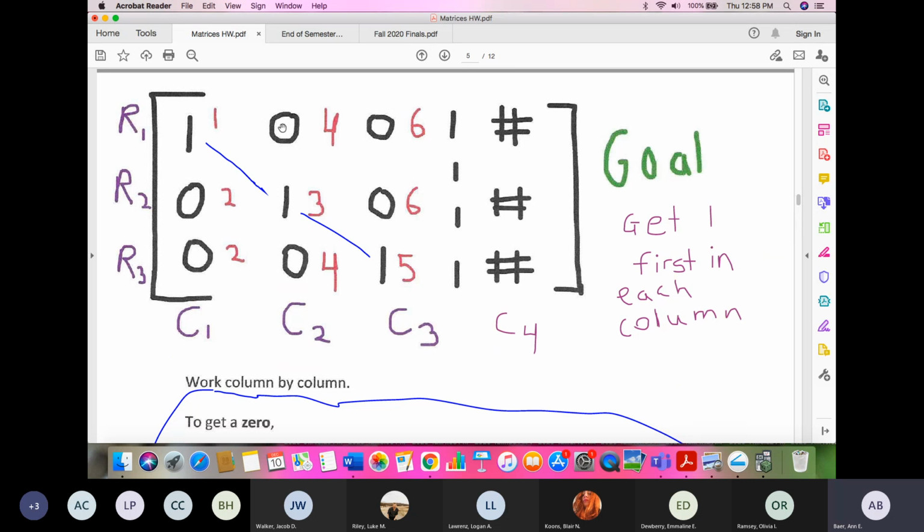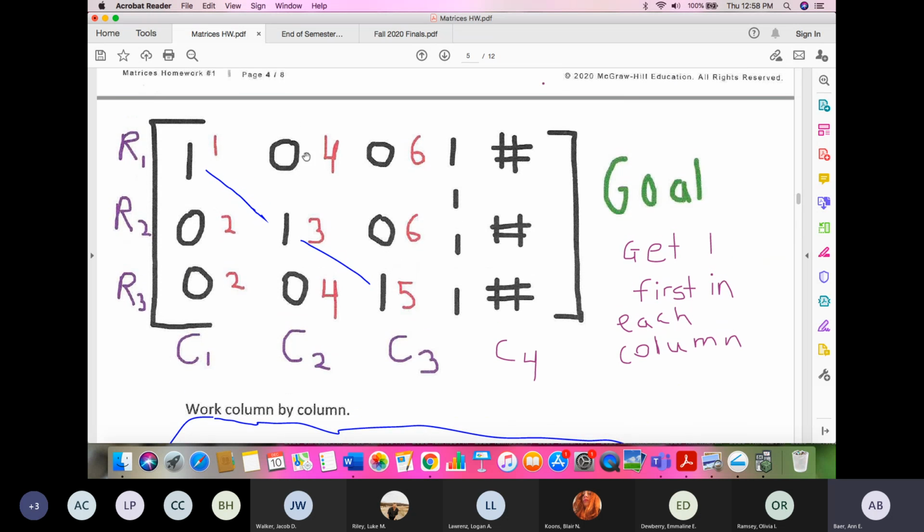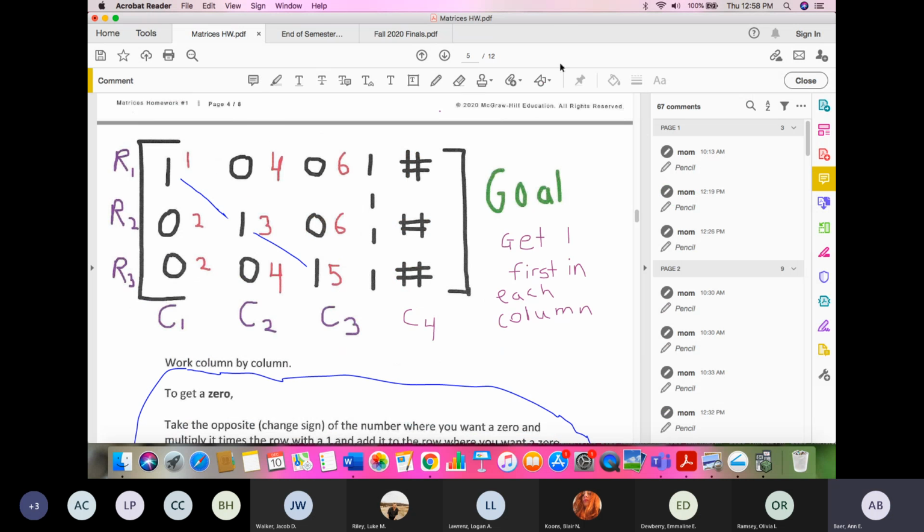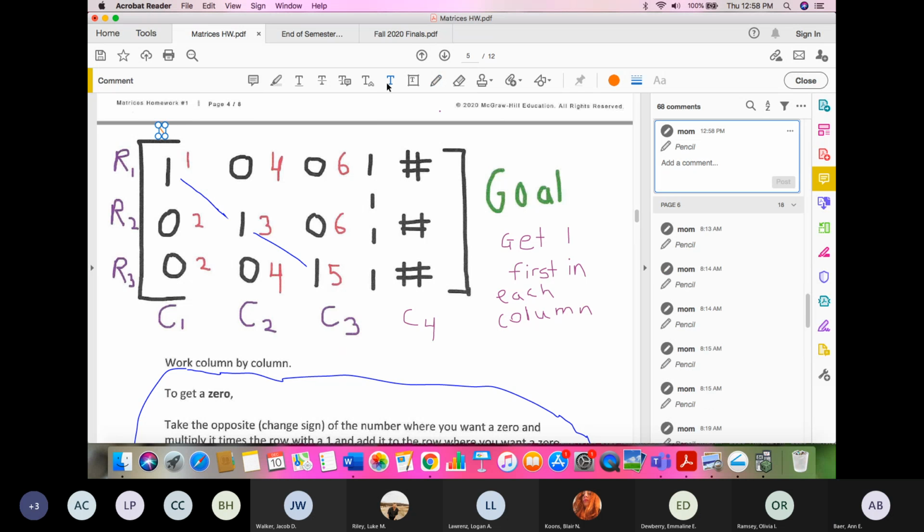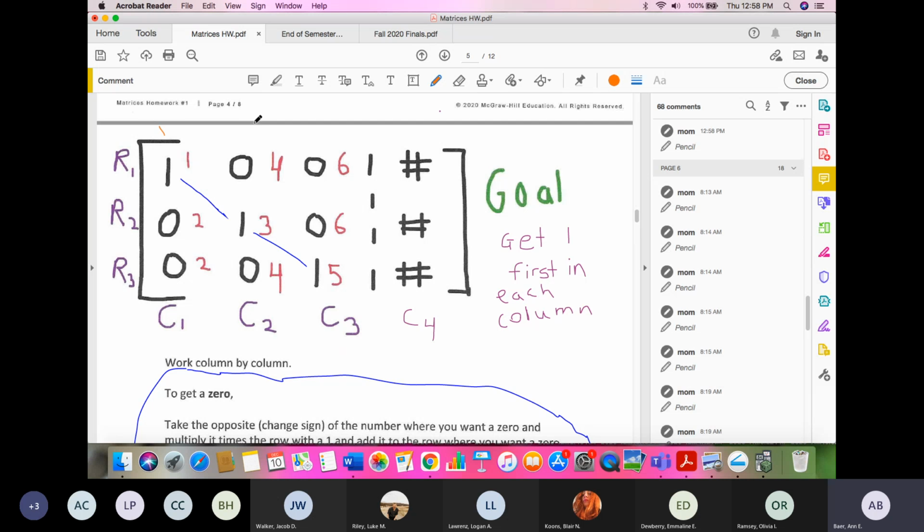We then move to the second column, and we want 1s along the diagonal here. And the reason why we want 1s along the diagonal is because this right here is really our X column. This is our Y column.